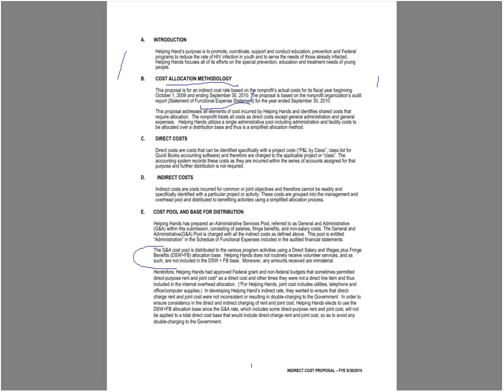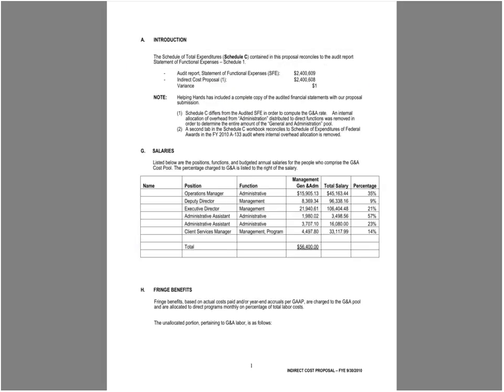In order to ensure consistency in the direct and indirect charging of rent and joint costs, Helping Hands elects to use the direct salary and wages plus fringe benefit allocation base, since the G&A rate, which includes some direct purpose rent and joint costs, will not be applied to total direct cost base that would include direct charge rent and thus avoid any double charging. Now that's a lot if you're not used to dealing with these kinds of things and methodologies, but that's really what we're trying to do here.